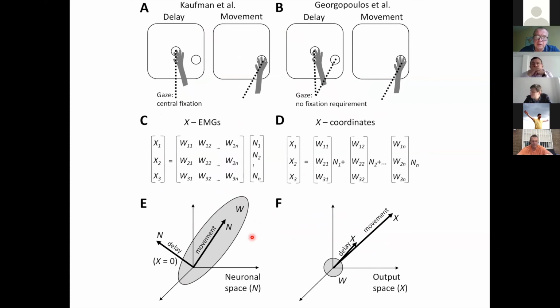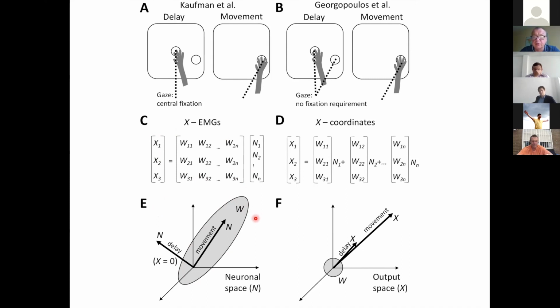And they described the transition of neuronal activity N into movement X as a matrix multiplication. And then they looked at the elements of this matrix and introduced a term of neuronal subspace.